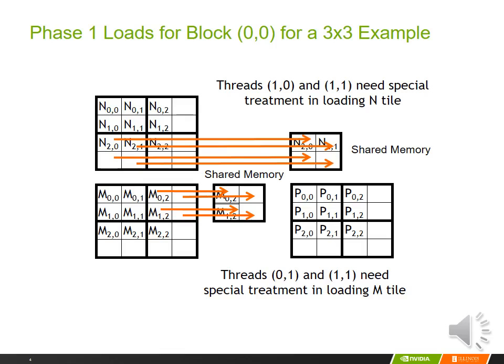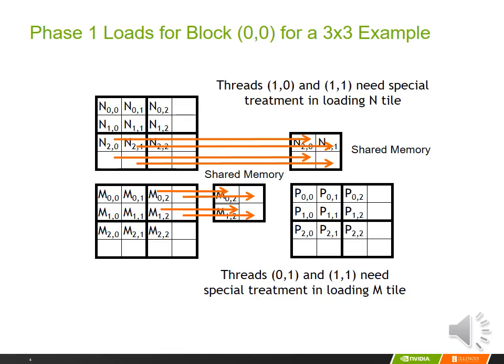However, when we move to phase 1, for loading the M tile, we're going to be attempting to load 2 M elements in this example that are not valid. So thread 01 and thread 11 in this case need some special treatment when we load the M tile.